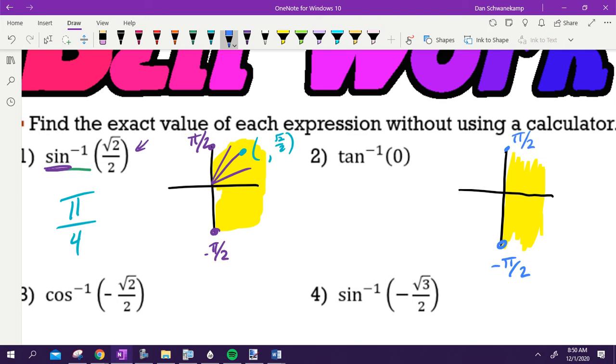Tangent means y over x, and I'm trying to get 0. So where do I want the 0 to be? Do I want 0 on top or on bottom? On top. So I really want the y to be 0 and the x to be 1. Show me the fingers. Where is that happening? That is out here at 0, because it would be y over x. 0 radians is my answer to that question.